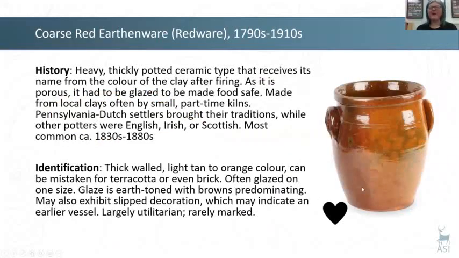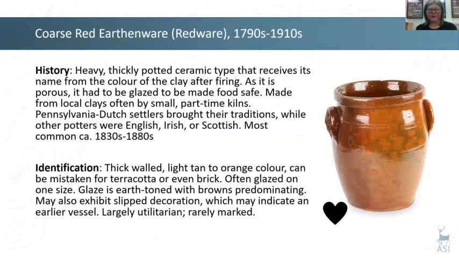Now, I have a little heart on this one because this ceramic is my favorite. Up until now, we've been talking about ceramics that have been imported. They've been produced en masse in England, mostly, and then imported.